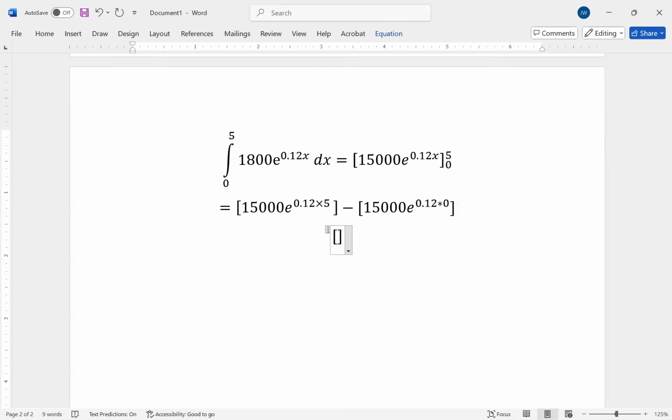So we'll do both calculations. Take 15,000 times e to the 0.12 times 5. That's 27,331.78. This is not going to be exact, since this is going to be an approximate answer, I'll just put it as approximate.